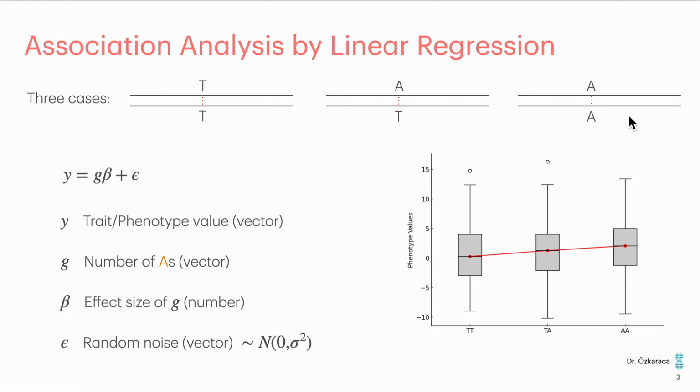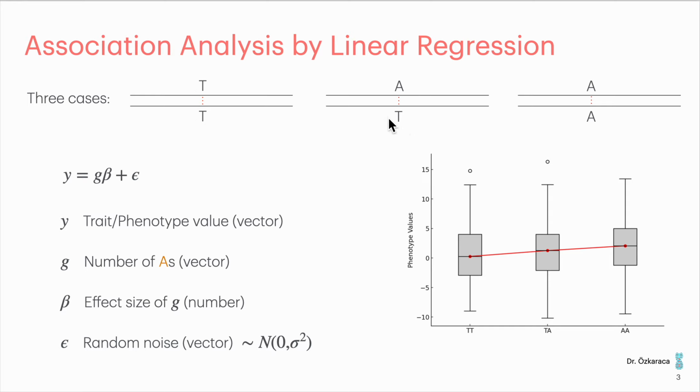Then you can run a simple linear regression as follows, where Y is the trait value or vector of interest, and G is the genotype values, which can be recorded as the number of A alleles that an individual is carrying. For example, if an individual has the TT genotype in that position, then this G value is 0.